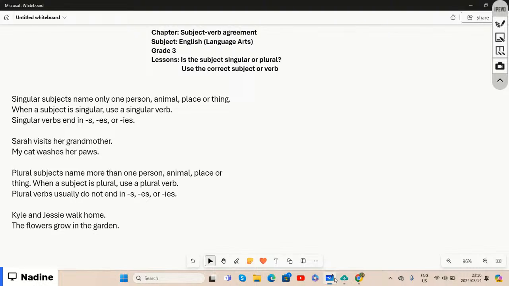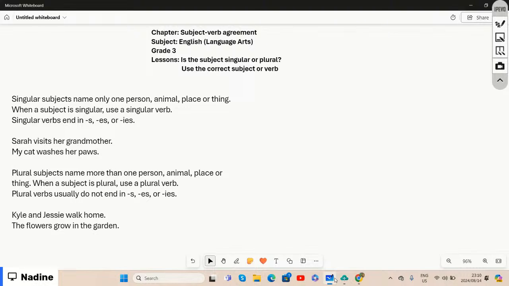And if we look at an example of a singular subject with a singular verb, it says, Sarah visits her grandmother.